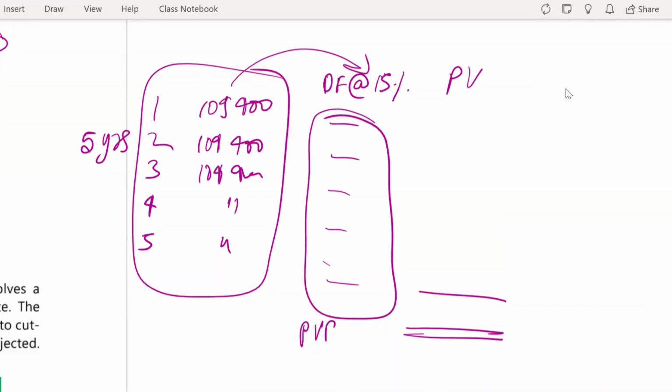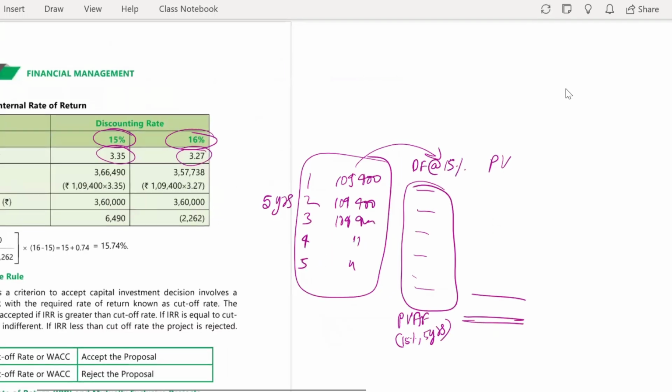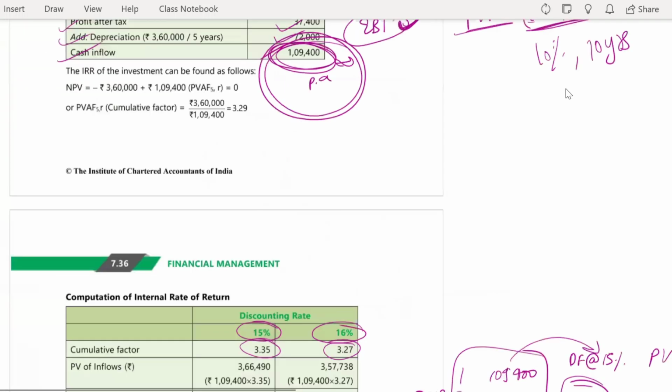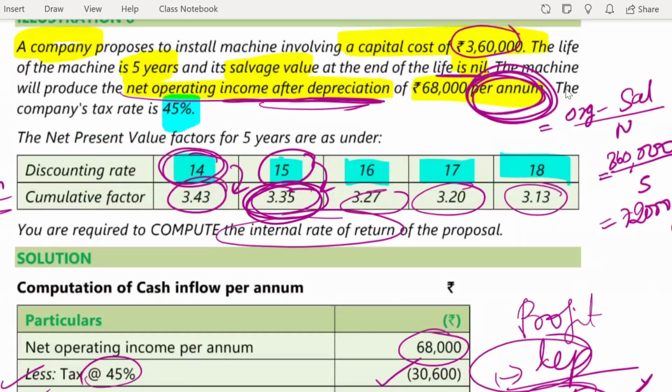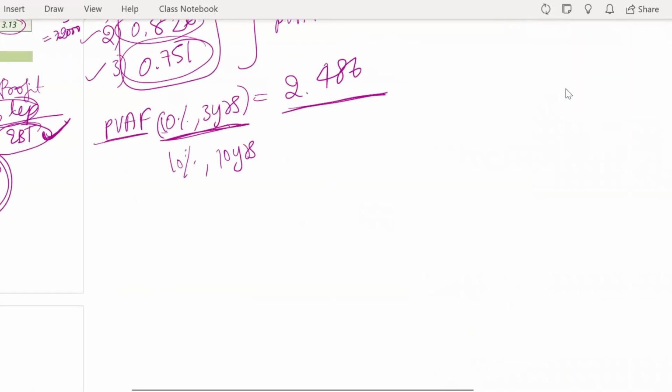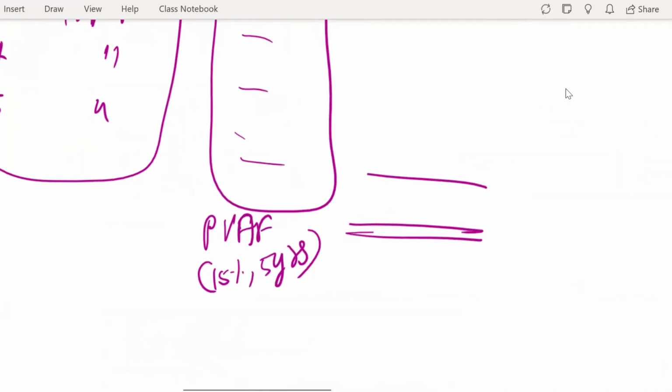They have directly given you the PVAF, present value annuity factor, for 15% and 5 years. It is 3.35. That means for 5 years, if you add the discounting factors, the total comes to 3.35.